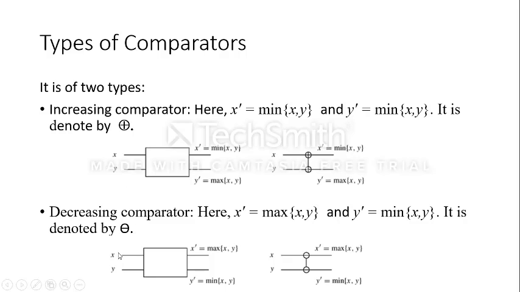Similarly, for the decreasing comparator, if x has the value 4 and y has the value 5, then x prime will hold the value 5 after the completion of the decreasing comparator operation, and y prime will hold the value 4. So in this way, the values are swapped by the increasing and decreasing comparators.